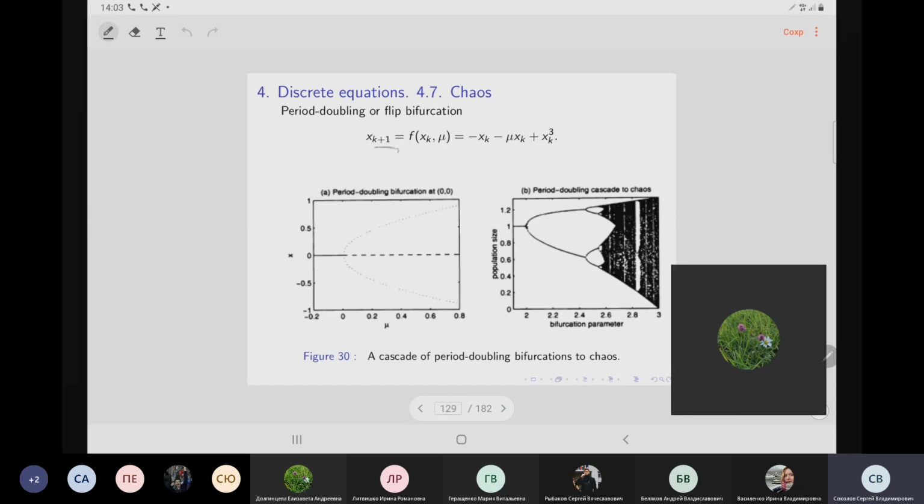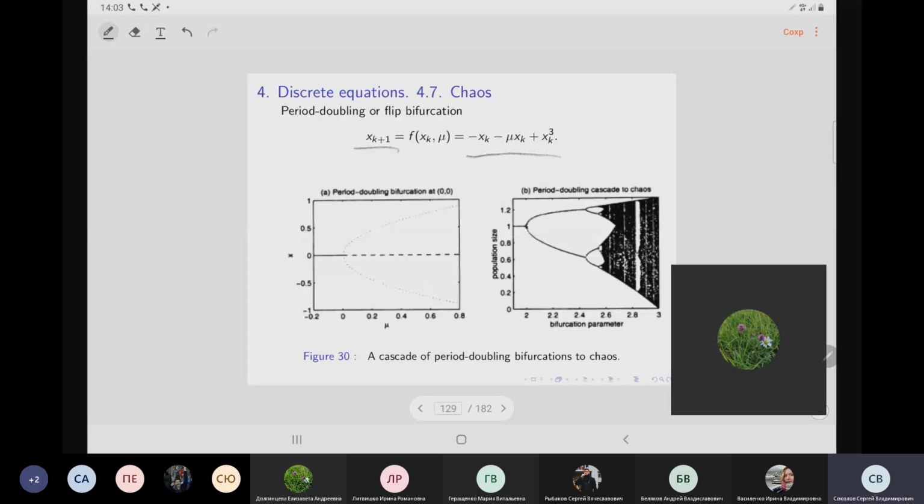Let xk plus 1 be negative xk minus mu xk plus xk cubed. So what do we see? If mu is negative, then there is a stable zero solution. When mu is negative and small, if mu becomes positive, then there are 3 unstable equilibriums.